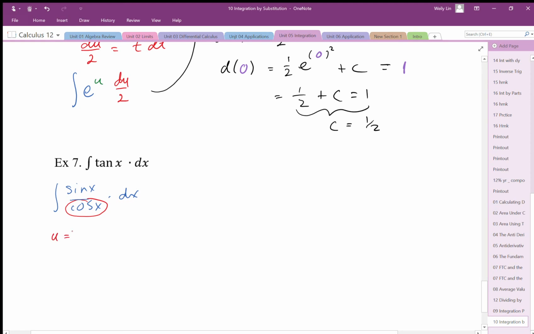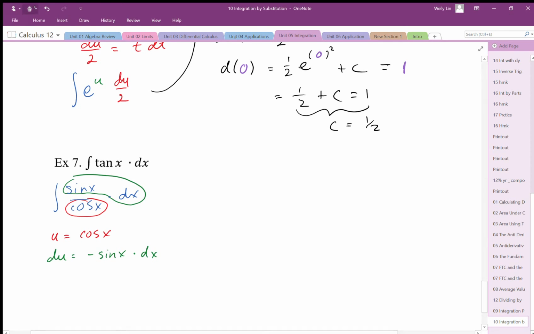So I'm going to let u equal cosine x. Then the du, the derivative of that, is negative sine x dx, and move the dx to that side. Well, there it is. There's the accounting for the outside function. So that I can now do a substitution here.